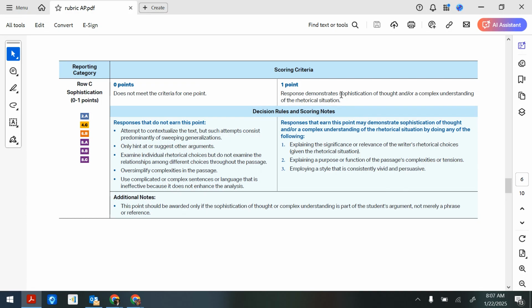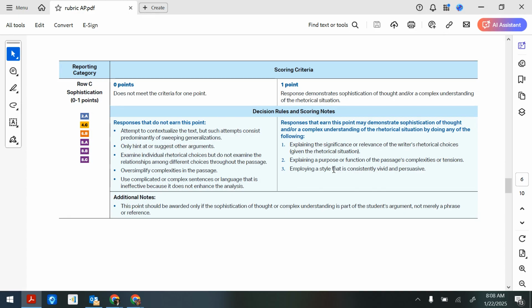Then if so, you got a good chance of getting this. Okay. Do they tie the rhetorical choices with the significance? Okay. Is your style itself vivid and persuasive? Okay. If you can pull that off, okay, and I would say this is a low 6.